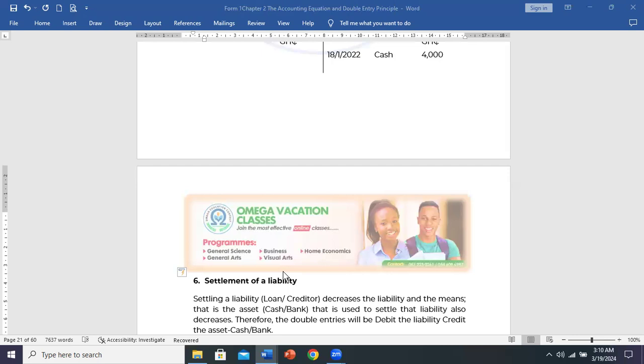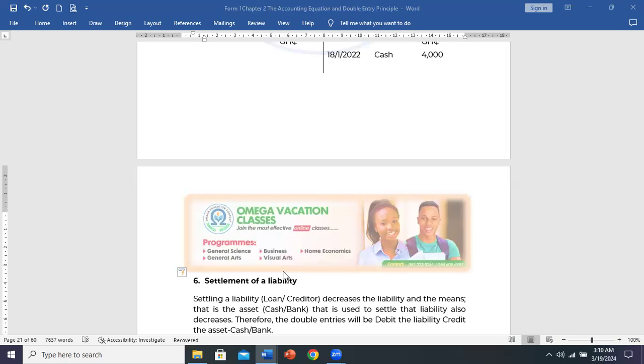Example, Prof. Alexia owes Prof. Richmond 100 cedis. Then Prof. Alexia uses 100 cedis of her cash, which was 200 cedis, to pay off Prof. Richmond's owing. Then it means that Prof. Alexia as a business will lose cash. So there's going to be a decrease in cash.